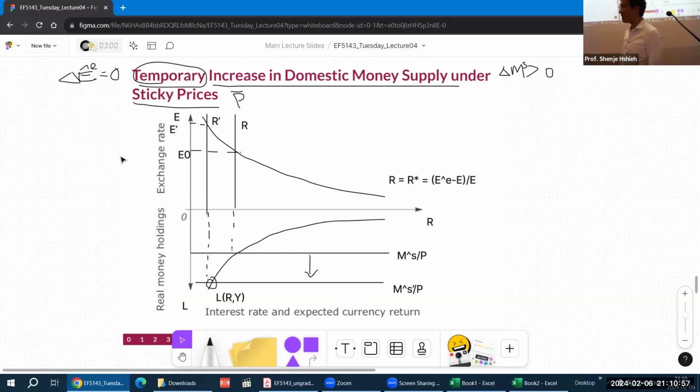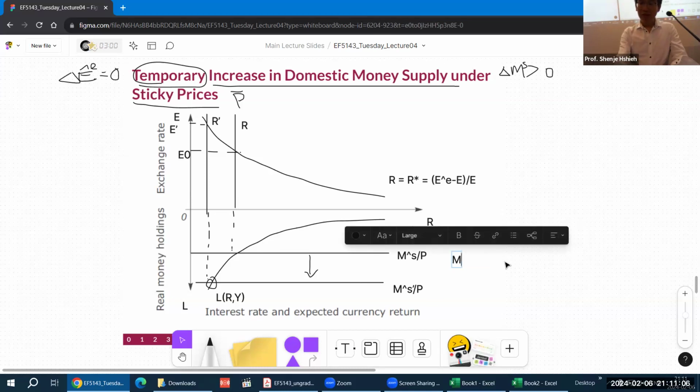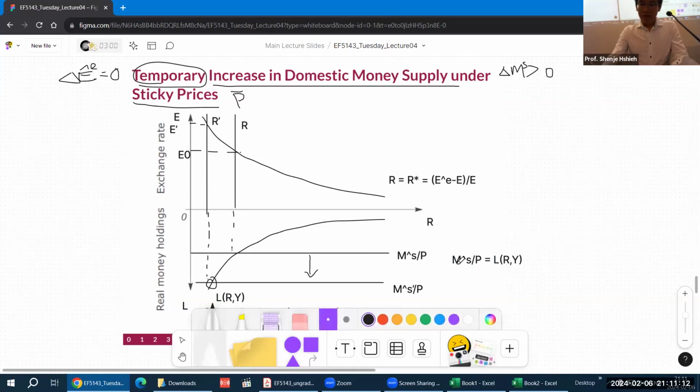All right, so that's the visual analysis, without thinking too much about the math, without thinking about the intuition at all. So let's go through the math. We have MS over P equal to L. We have sticky prices, but we have MS increasing, which means that the left-hand side is going to be greater than the right-hand side if we don't do anything.